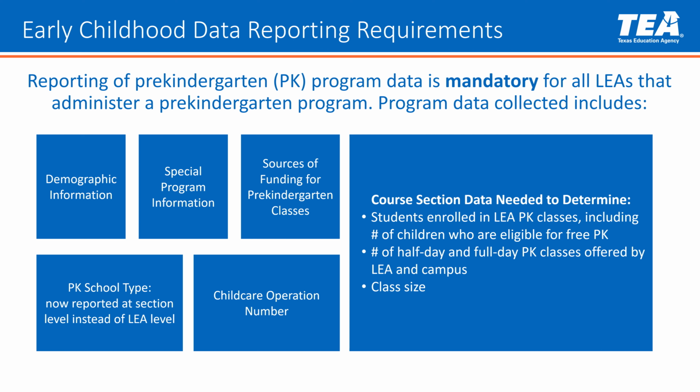The program data that is collected includes demographic information, special program information, sources of funding for pre-kindergarten classes, pre-K school type code that's now reported at the section level instead of LEA level, the child care operation number, and core section data needed to determine students enrolled in LEA pre-K classes, including number of children who are eligible for free pre-K, number of half-day and full-day pre-K classes offered by LEA in campus, and class size.